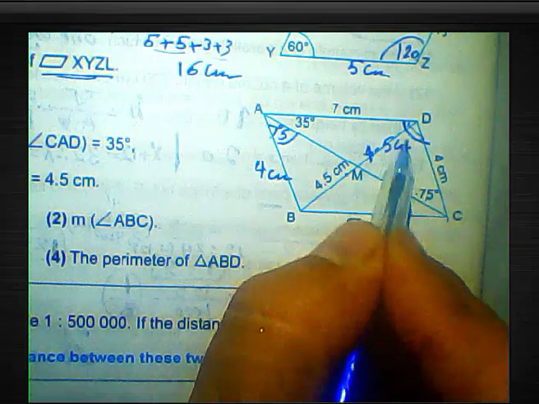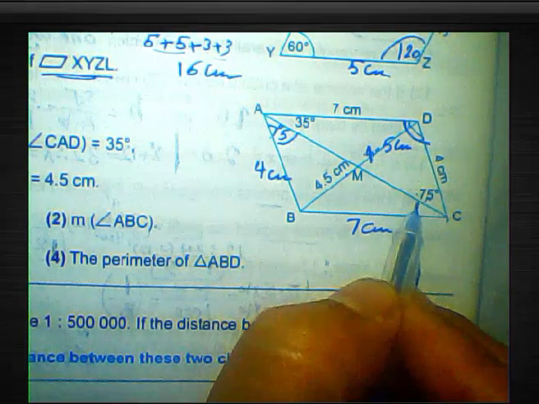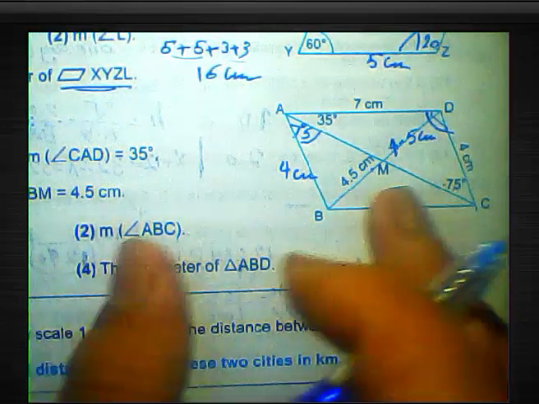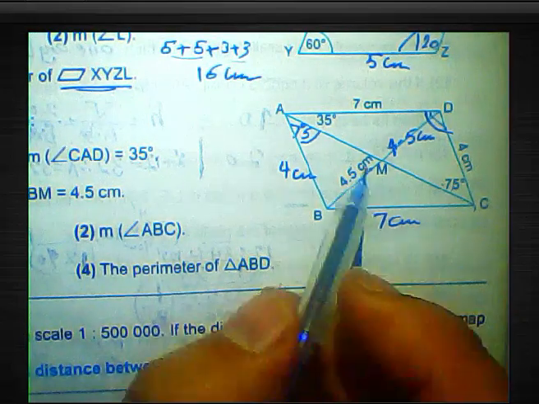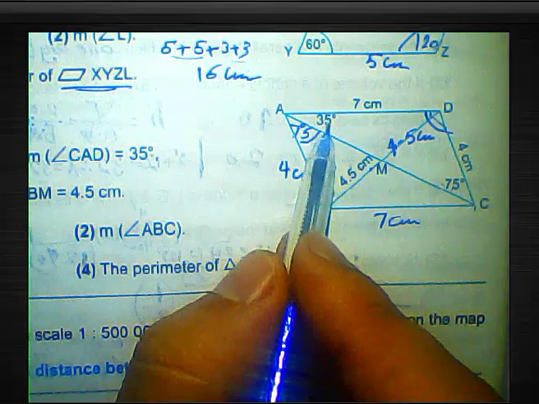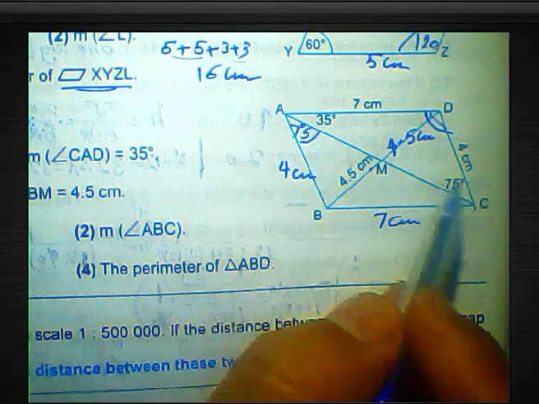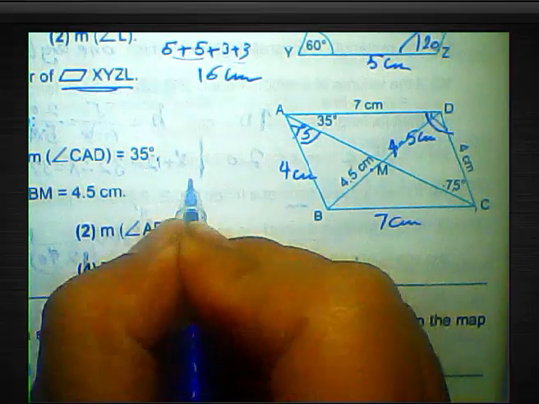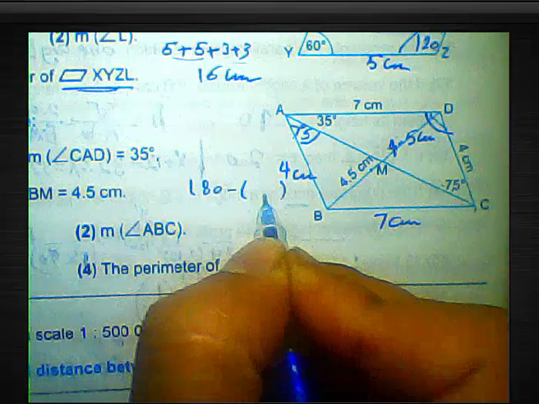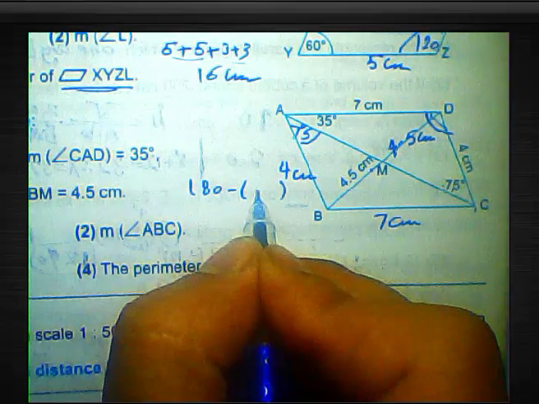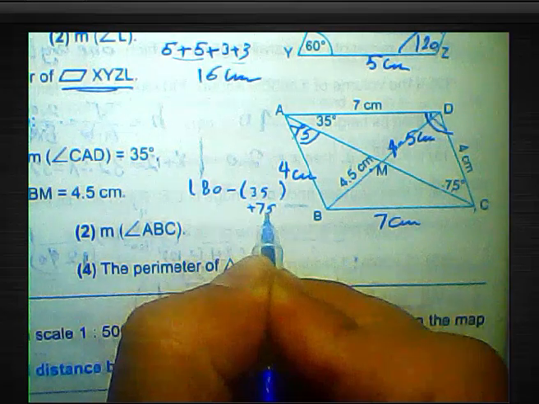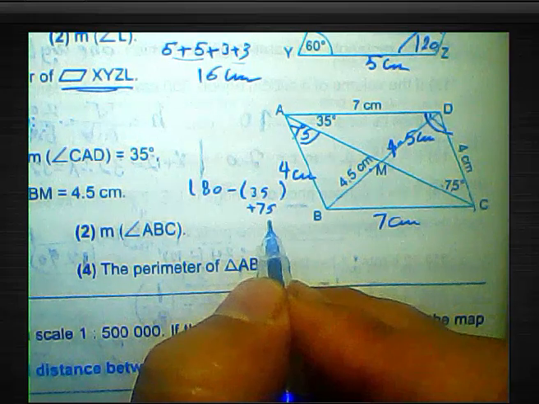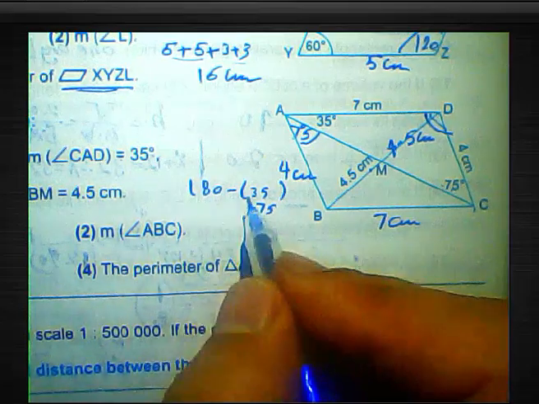We can find the measure of D by adding 35 plus 75, and the result subtract from 180 because the sum of interior angles in each triangle equals 180. We have triangle ADC, measure of angle A plus measure of angle C.